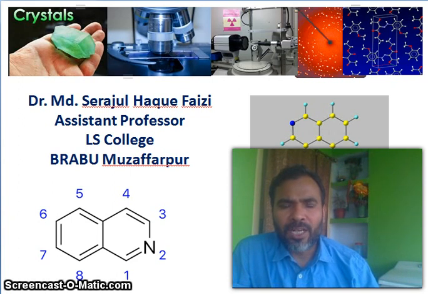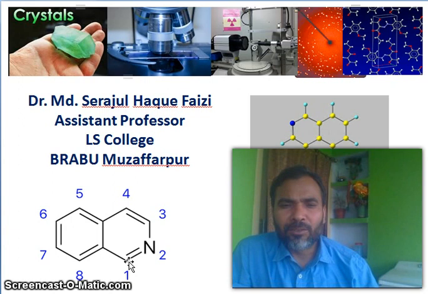So let us start with isoquinoline. You see, this is the structure of isoquinoline. I already discussed quinoline in a previous video. If the nitrogen is present on this position, then it becomes quinoline.